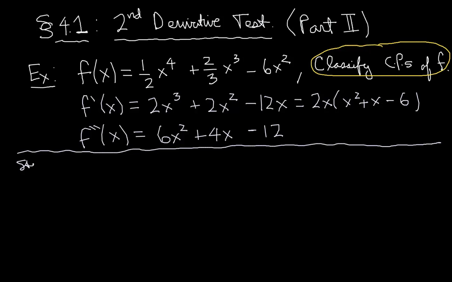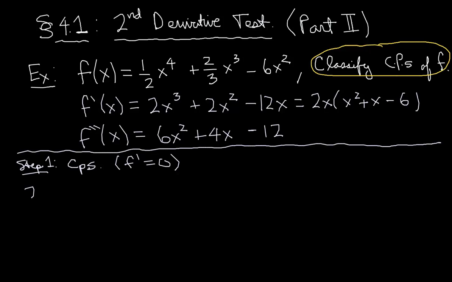Now what are we going to do? First, let's find the critical points. So that means we need to set the first derivative equal to 0. F prime has to equal 0.